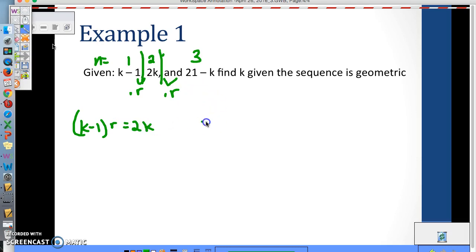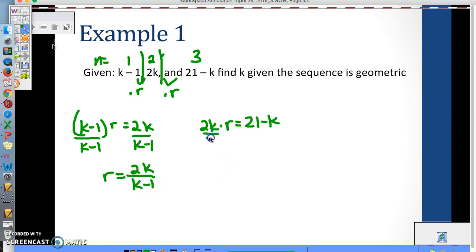And we could look at the second one, 2k times that same ratio gives us 21 minus k. Well, let's do some solving. Let's get our ratios on one side. So our ratio equals 2k over k minus 1. And over here, our ratio equals 21 minus k over 2k. Well, and that makes sense. It's our term divided by the previous term, 2k divided by k minus 1.